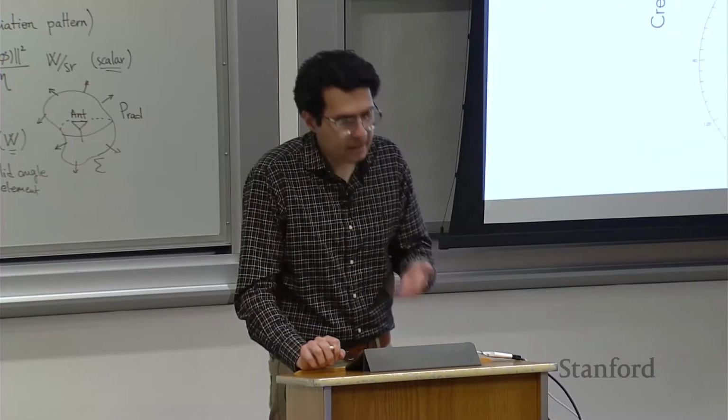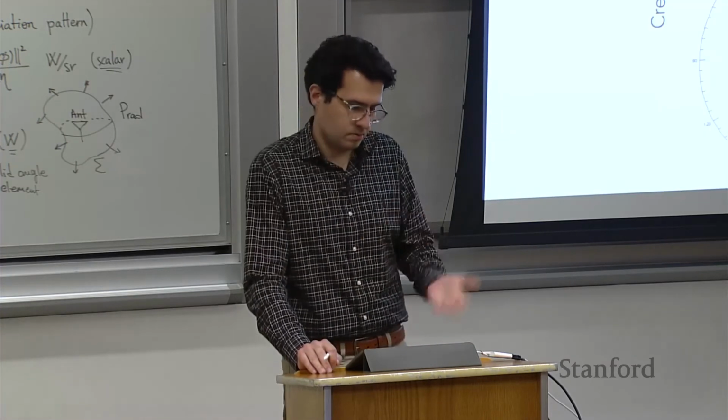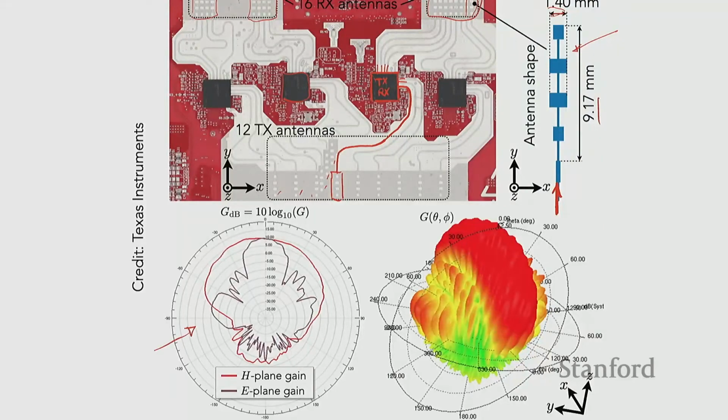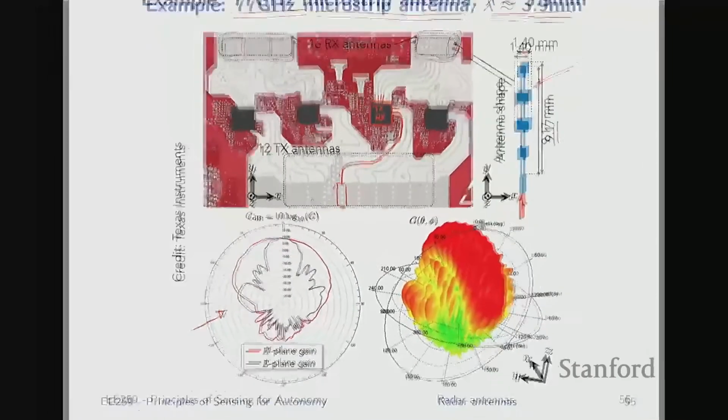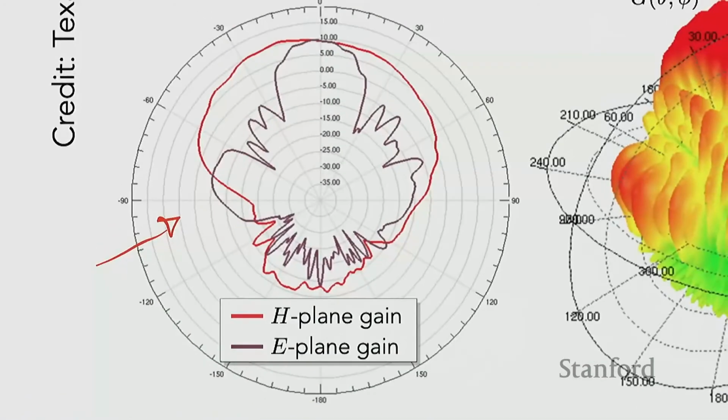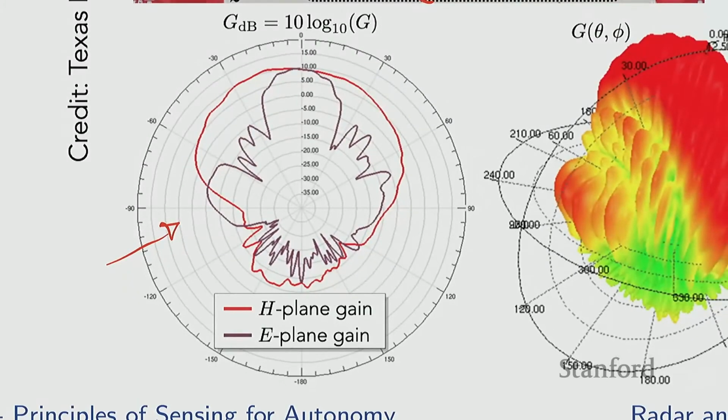And then the gain of this antenna, which you can also think of as a radiation pattern, is shown here. Here we see the two cross sections. These are from the data sheet of this radar. Let's zoom in. There are two plots. The red is the horizontal cross section, or the H-plane cross section of the gain, and the purplish is the vertical cross section, or the E-plane.